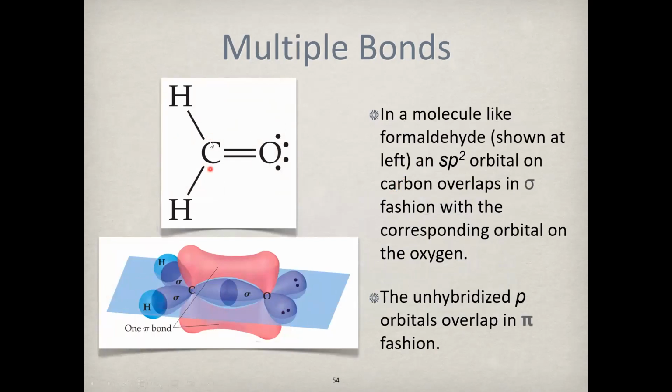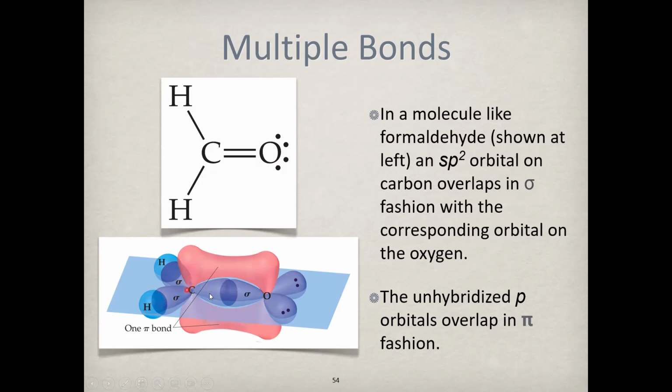So if we look at something like formaldehyde here, we can look at the central carbon, see that we've got 3 bonded atoms and no lone pairs. So we've got 3 electron domains. That's why we're going to have sp2 hybridization here. So when we look at the actual orbital overlap that's occurring, we can see with the carbon, again, sp2 hybridization.